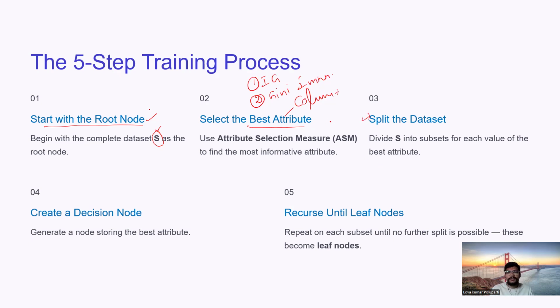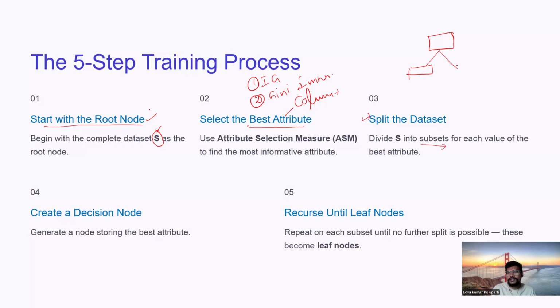We already have the best column, so we make subsets and split the data set, and slowly the decision tree is built. It will generate the different nodes, right? The top is already there, and below are the child nodes.